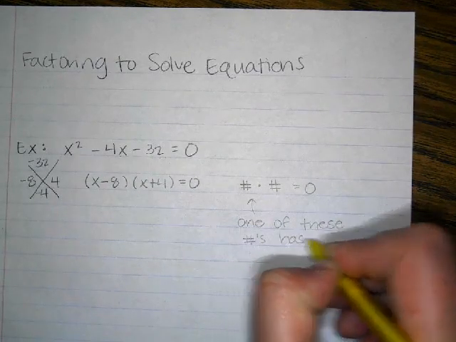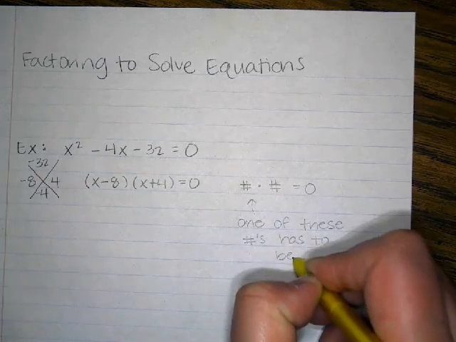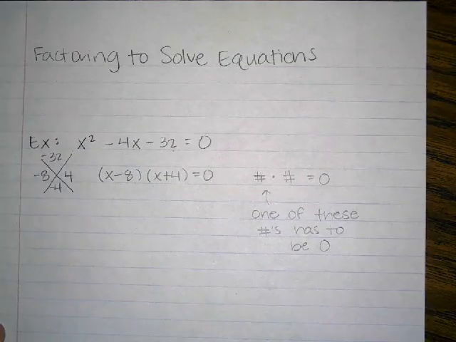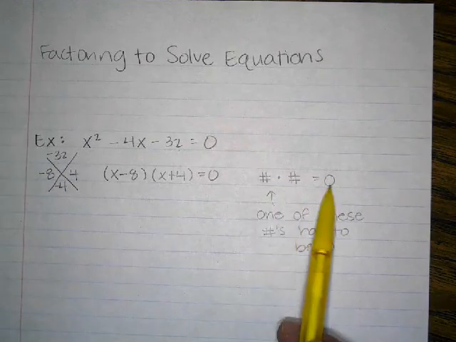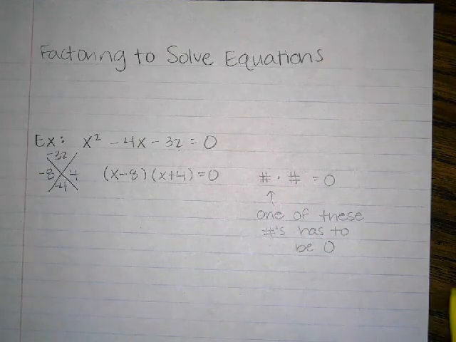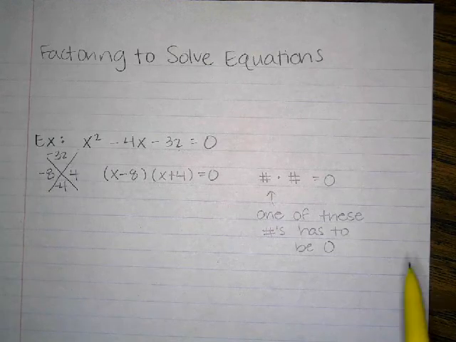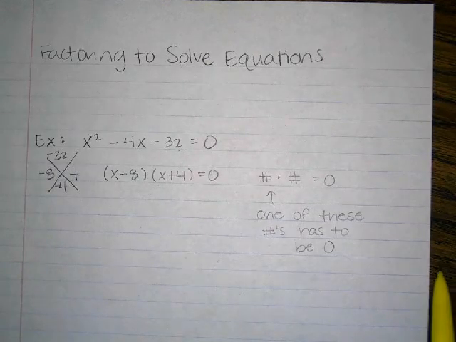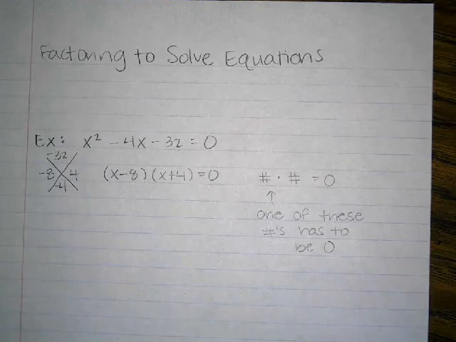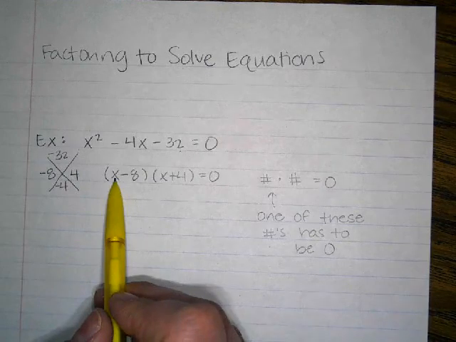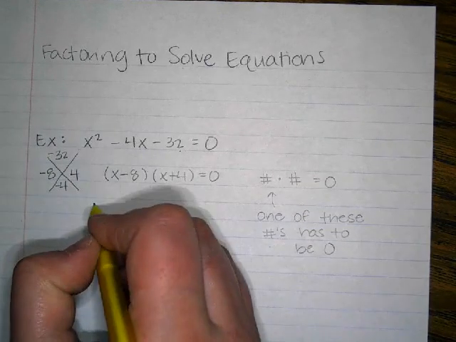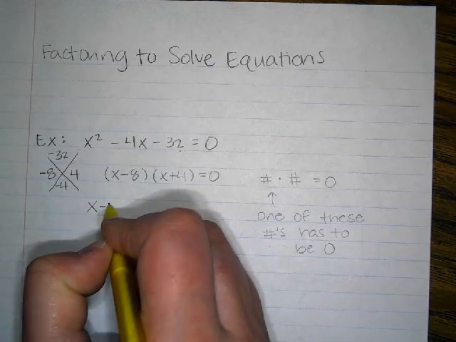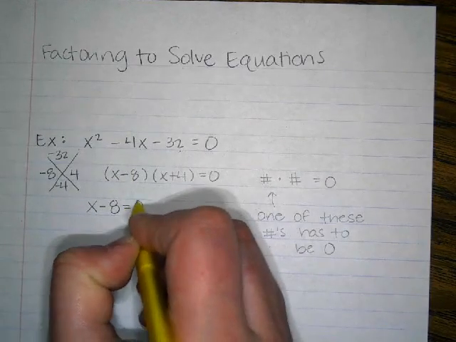If we have a number times a number equals 0, then one of these numbers has to be 0. And that's what factoring to solve assumes, is that one of these numbers has to equal 0. So maybe whatever I plugged in for x in x minus 8, maybe that equaled 0. So I'm going to say x minus 8, maybe this is the one that equaled 0.